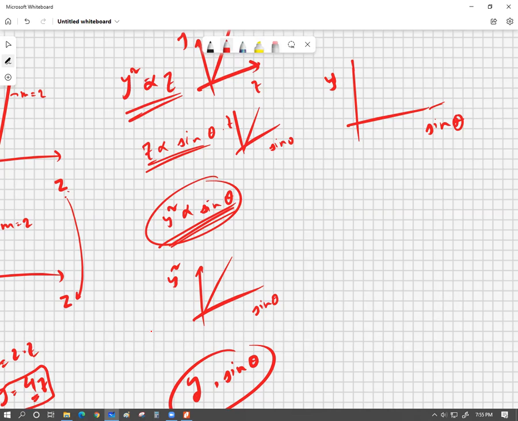Have a look. Y square is proportional to sine theta. So this basically tells us, if I just try to convert this into an equation, have a look. Y square equals k into sine theta. So if I just root over it, I'm going to get y equals root over k into root over sine theta.